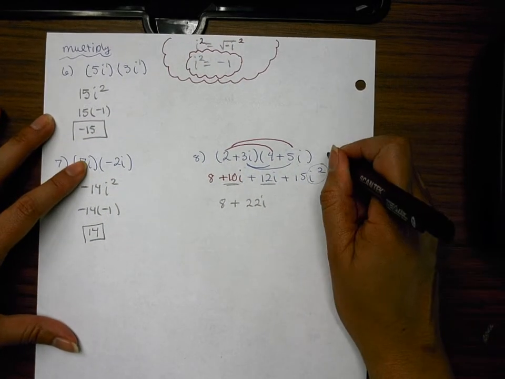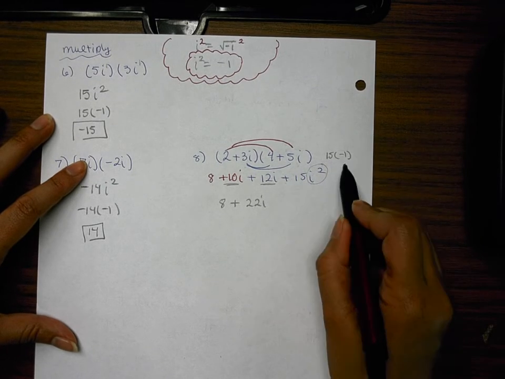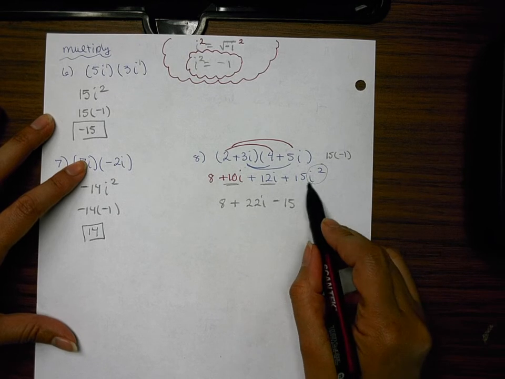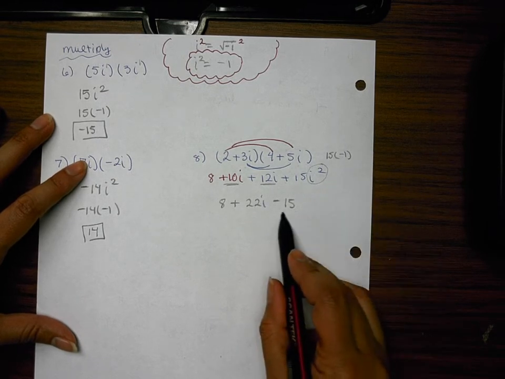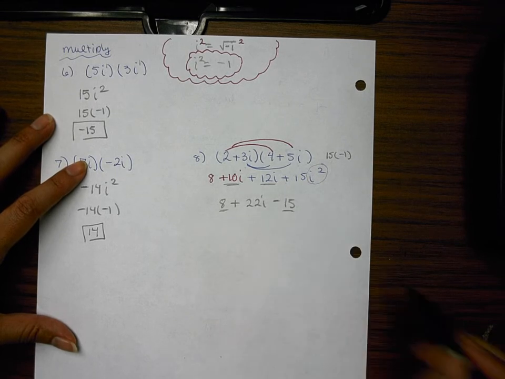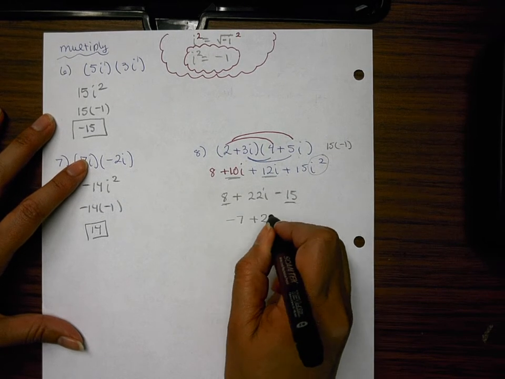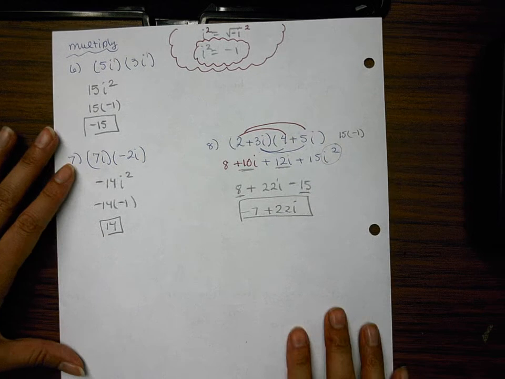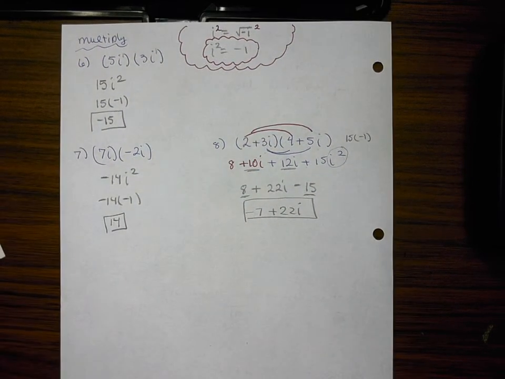So right here I'm going to have 15 times -1, which is -15. I squared is -1. -1 times positive 15 is -15. And I have like terms again. 8 and -15 is -7, plus 22i. We have our complex number again. All right. We will do more of those in class.